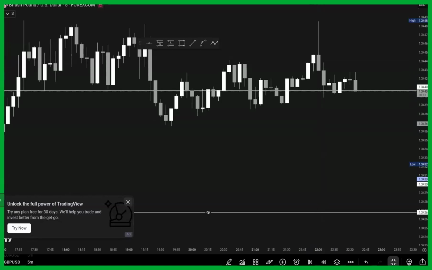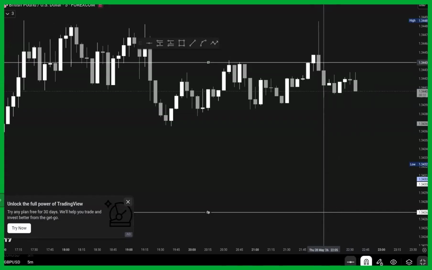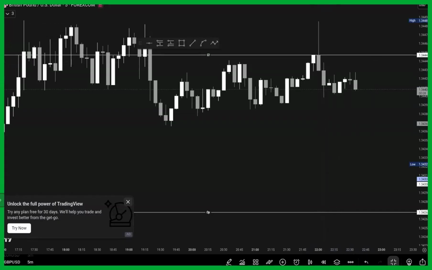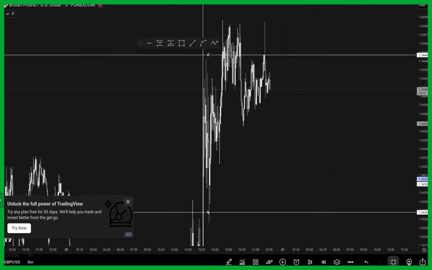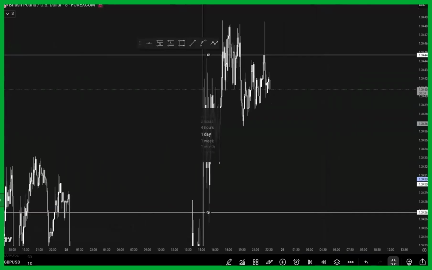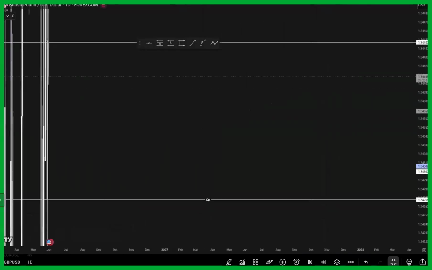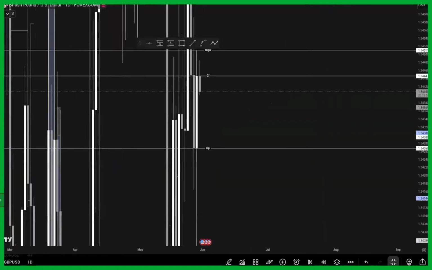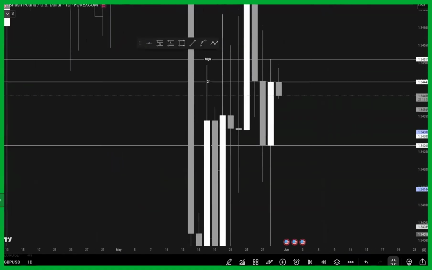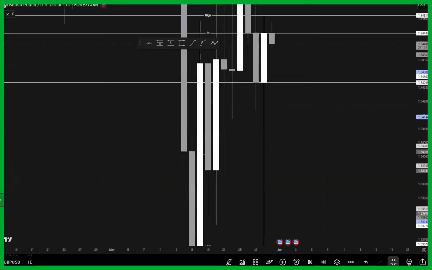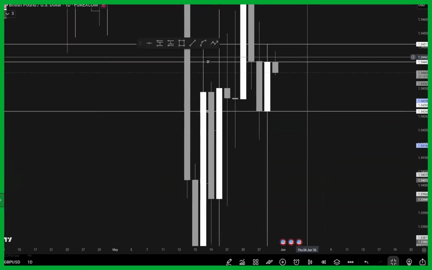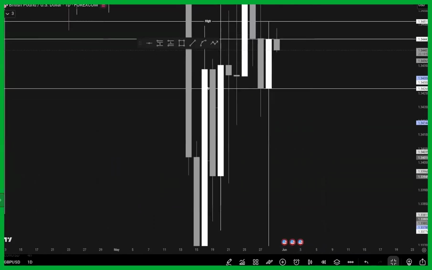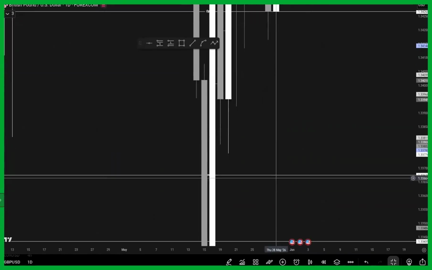Now, since this is a bearish candle, that means it will be at the top, right? So now let's check. Sorry about that. As you can see, we got it perfectly. This is the opening, this is the close, this is the high, and this is the low of this particular candle. So with this, we are done with the structure of the candle.